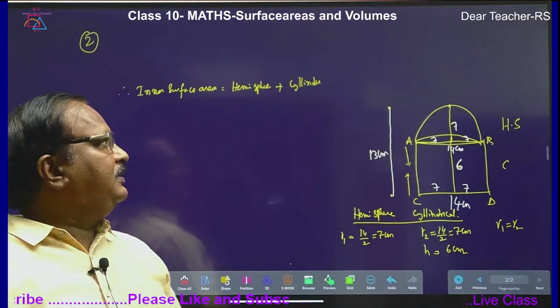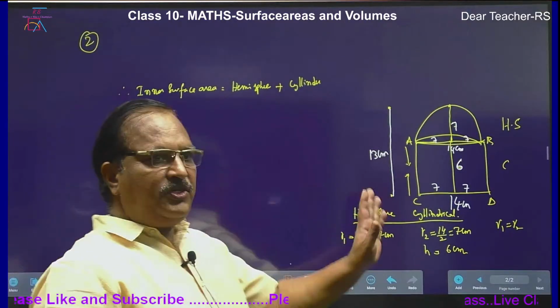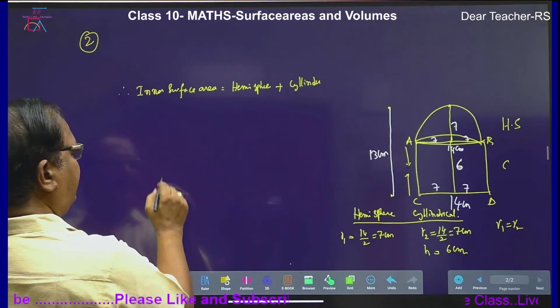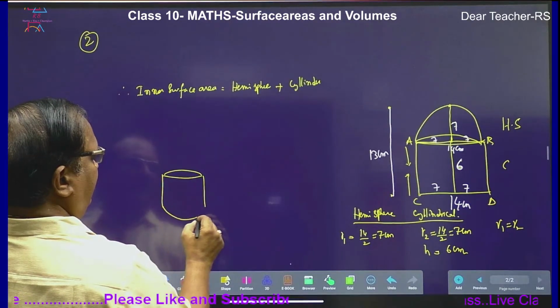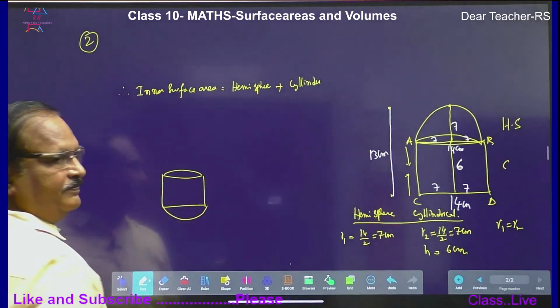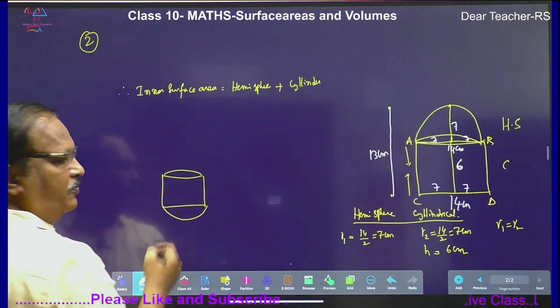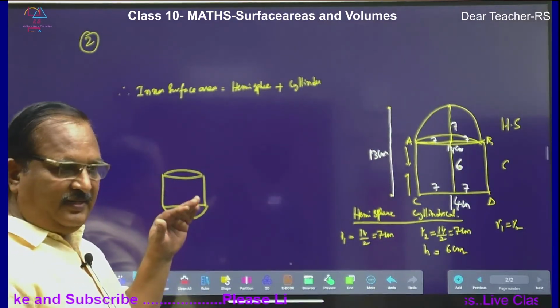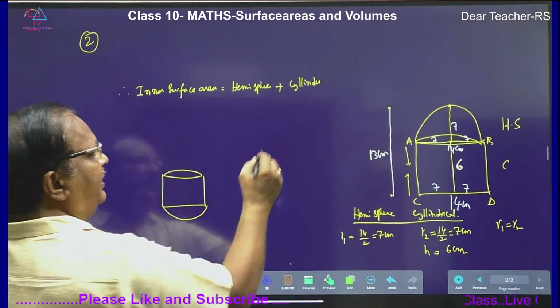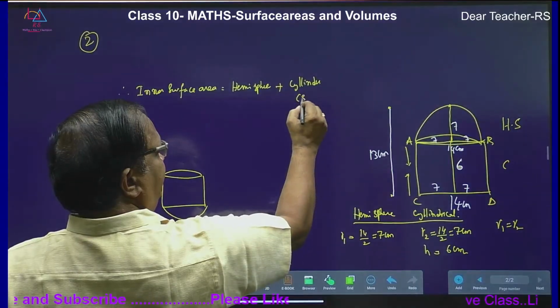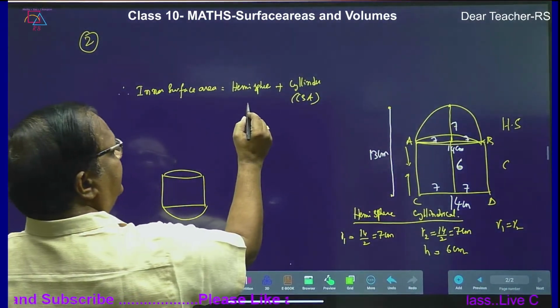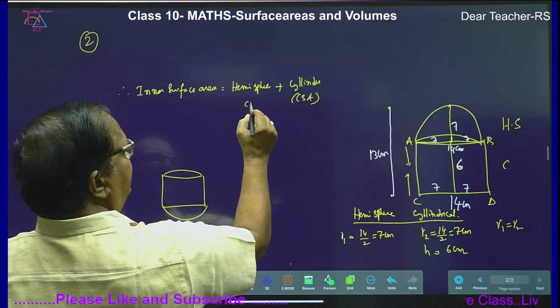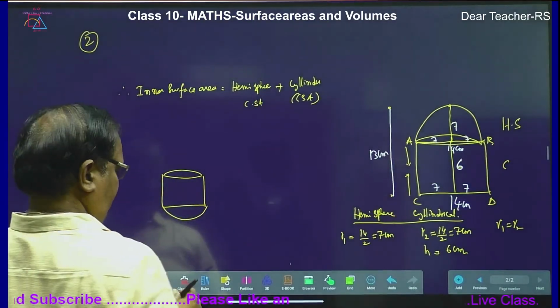The cylinder's top is not there, the vessel will be like this. This is the vessel type. So there is no top for the cylinder. So you have to take the curved surface area of the cylinder, and this is also the curved surface area of the hemisphere, right?